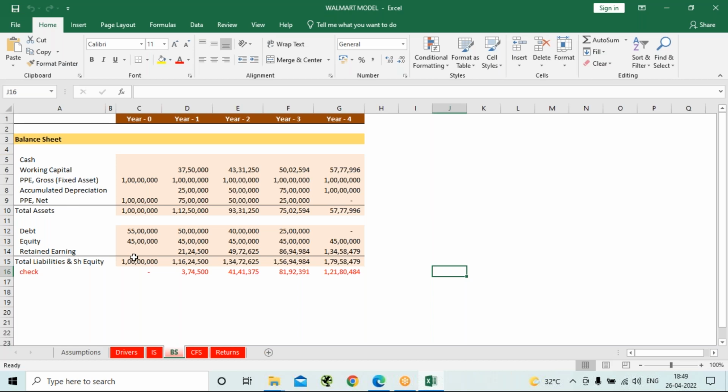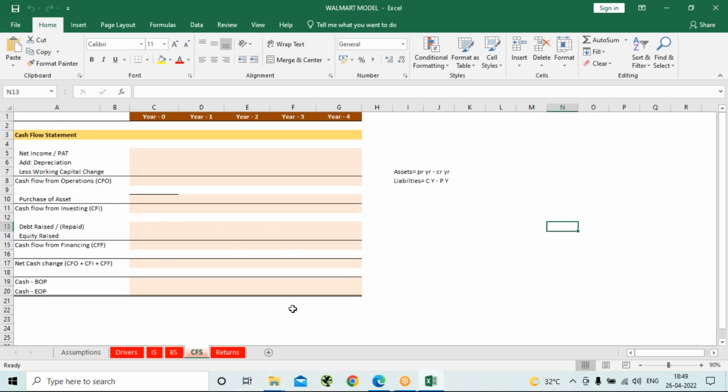We found a difference: the cash balance value was not added, which we have to find out in the cash flow statement. So there is a difference. Let's try to match it with the balance sheet. We are left with the cash flow statement, so let us see how to calculate it.